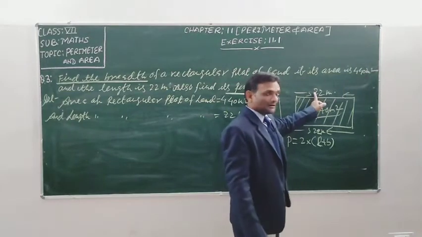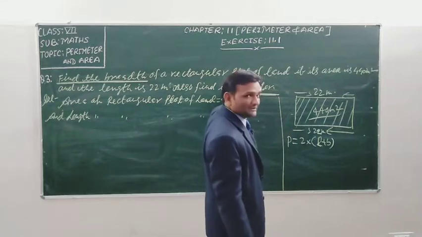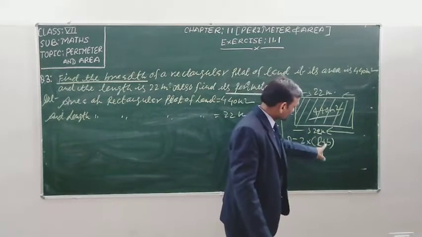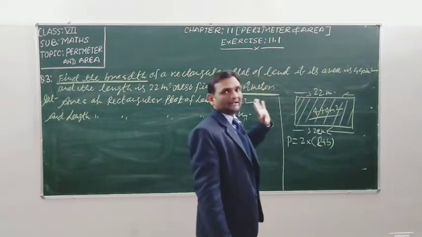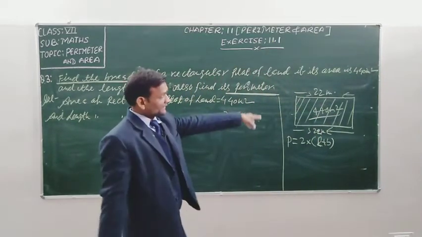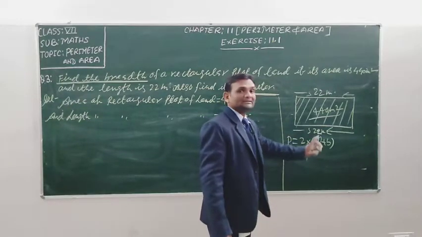Length is given but breadth is absent. So firstly, for finding the perimeter, we need the breadth of the rectangular plot of land. So how can we find it?